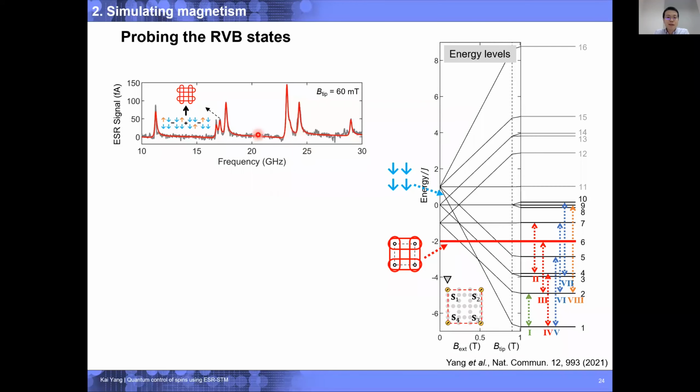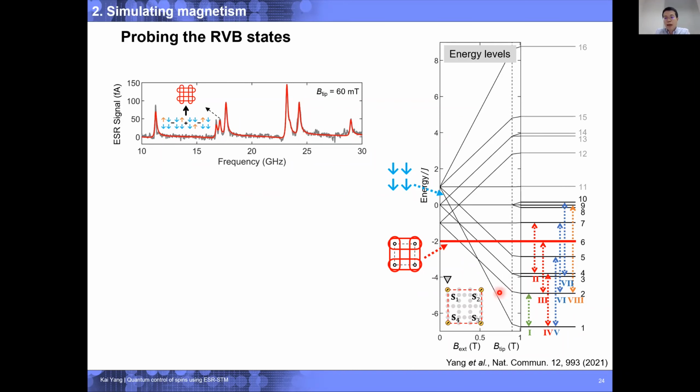I will continue. So to measure the quantum eigenstate of the 2x2 spin structures, we measured the ESR spectrum, and from that we can learn about the energy level diagram of this coupled spin system. It should be pointed out here that for these 2x2 spin structures, the ground state is actually a ferromagnetic state because the coupling is smaller than the external field.